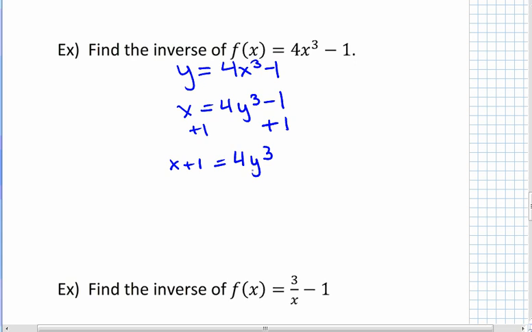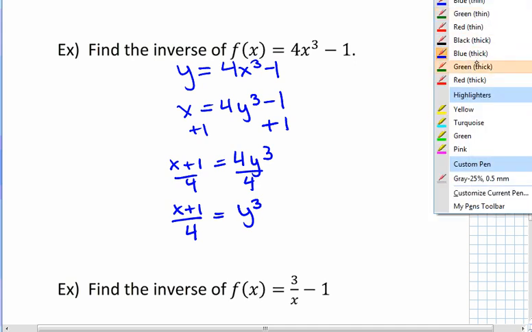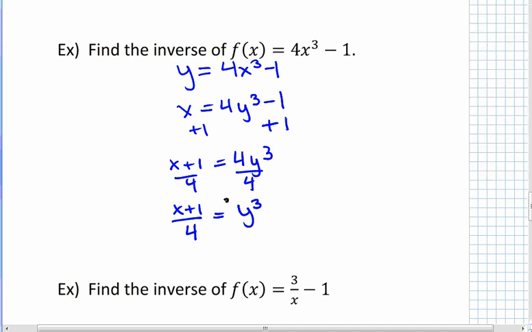And then we're going to divide by 4. And then, in order to get y by itself, we have to take the cube root of both sides. So we have the cube root of x plus 1 over 4 is equal to y.